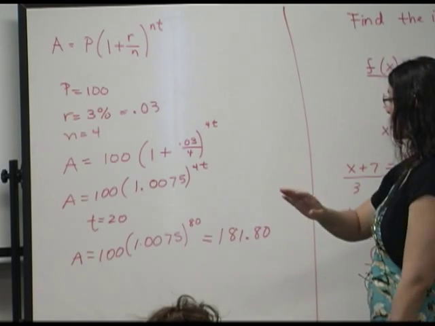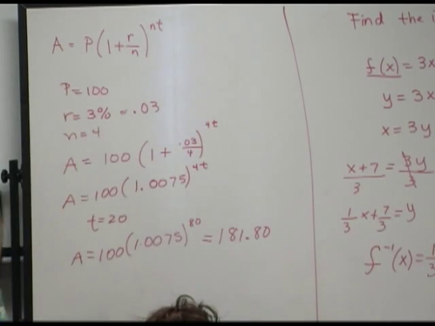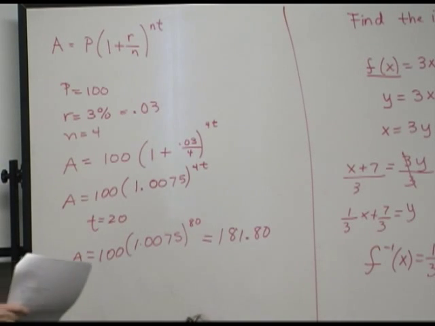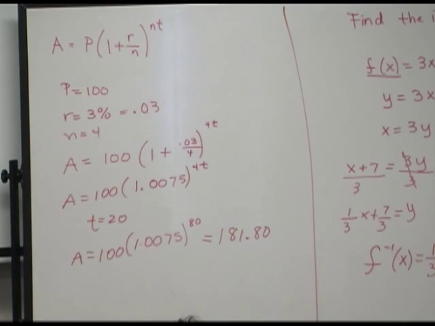So after 20 years, that $100 at 3% interest, you're going to have 181.80. So please don't invest at 3% because you're not going to make much. That's what you learn from this problem. Don't invest at 3% ever.